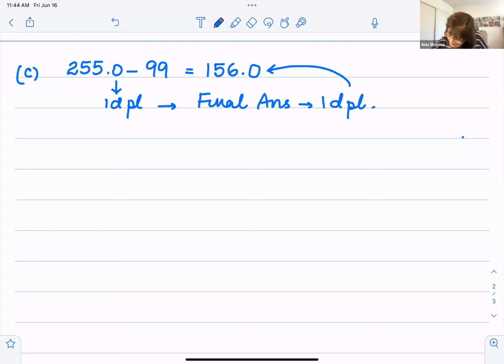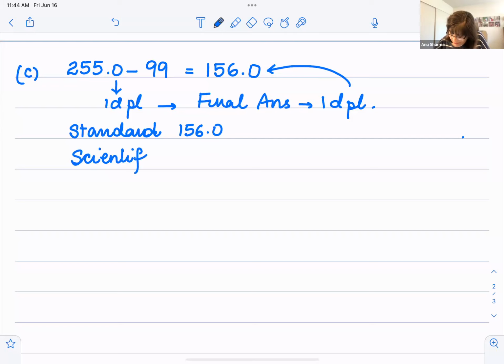So this is the standard notation now. The standard notation answer is 156.0. But for scientific notation, you're going to move the decimal place. In this case, you moved 2 places.